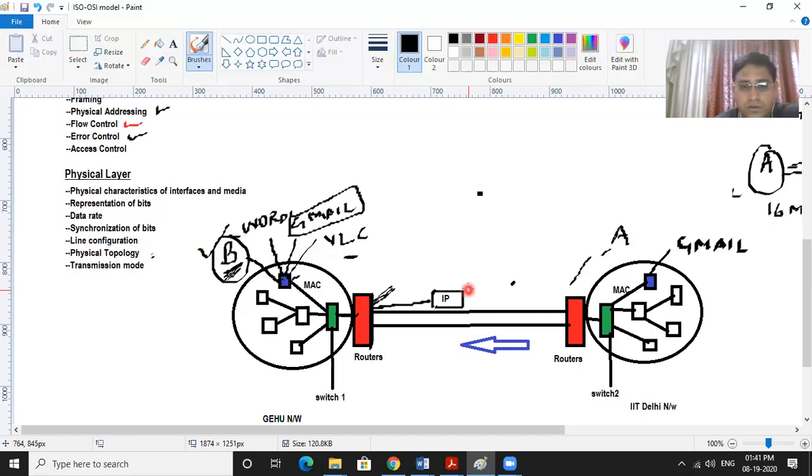So you got the idea that between two routers, IP will work, from Delhi to Dehradun. The road or the bus will bring you to Dehradun. In Dehradun, you will find the address of the gate, that it is in Clement Town or wherever it is. Once you reach that gate, you will ask for the reception. Reception is your switch, and the switch knows everything about the inside network.